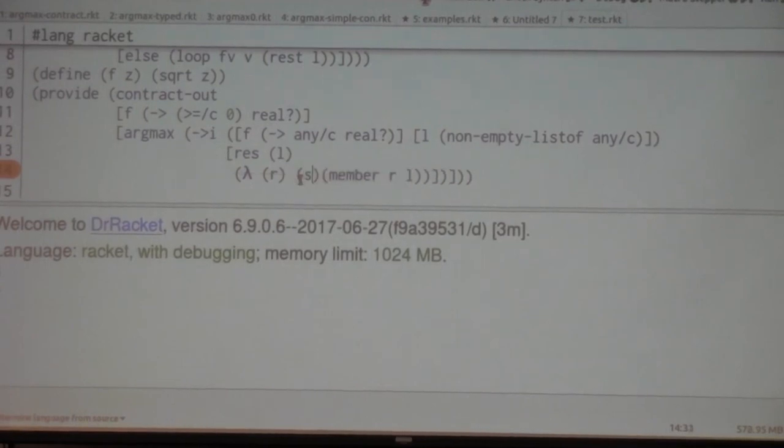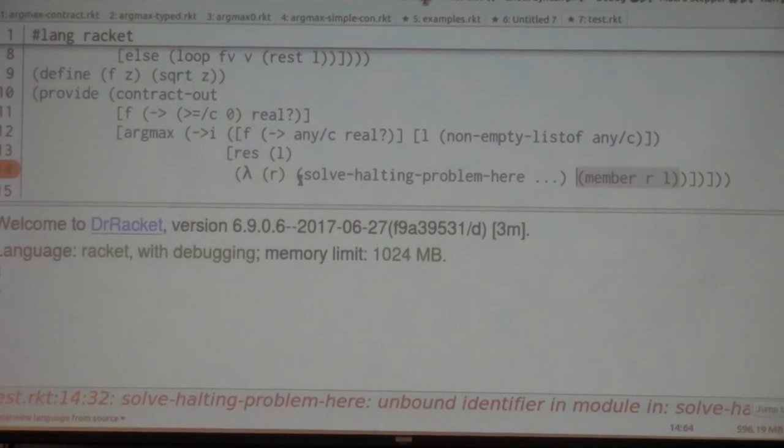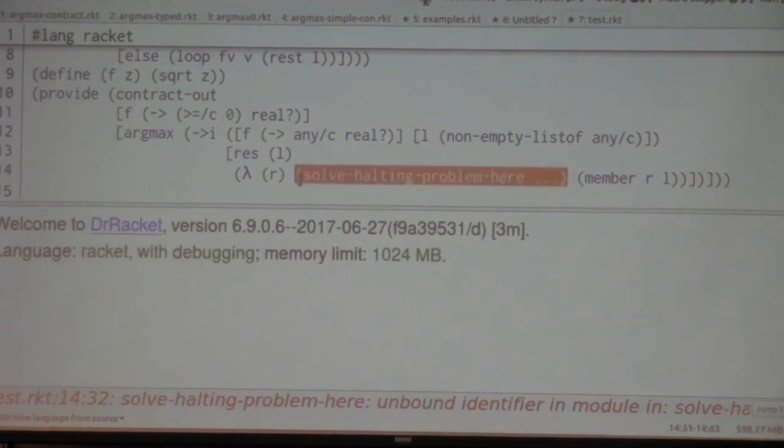Like, that's going to take a long time. We can do whatever we want here. There's some overhead for the actual infrastructure here, but most of the overhead is that we're doing some non-trivial computation.